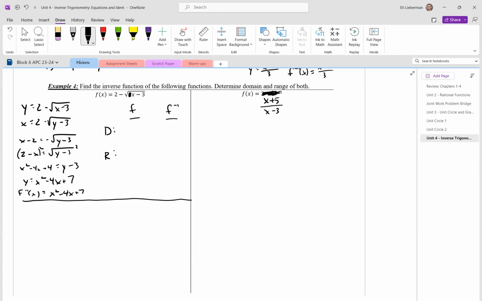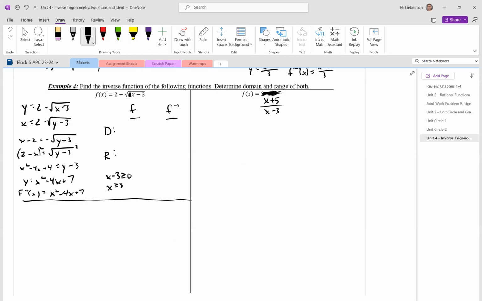Exactly, so the contents of the radical, which are called the radicand, this x minus 3, can't be negative. In other words, it has to be greater than or equal to 0. Isn't that the same thing as can't be negative? So from this, we see that x has to be greater than or equal to 3.